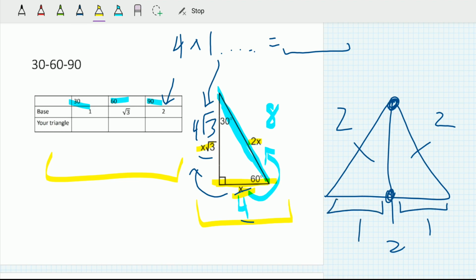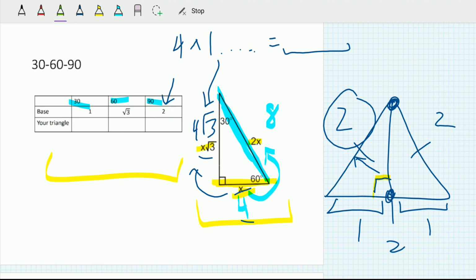Okay? And so what you can already tell here is, look, my 90 degrees is there, opposite it is the side with the 2, and that's why you get the 2 right there. And it's across the 90, that's why it's below where the 90 is.